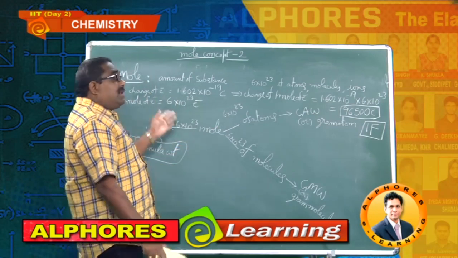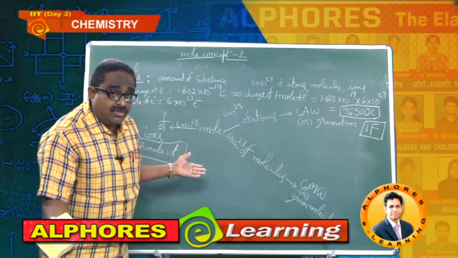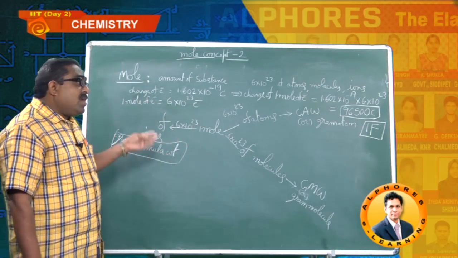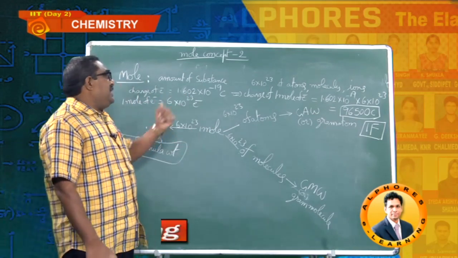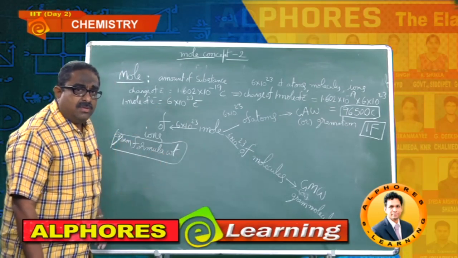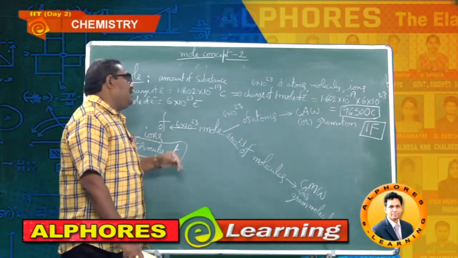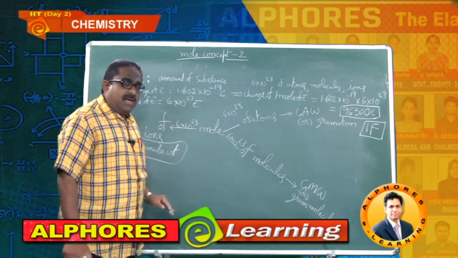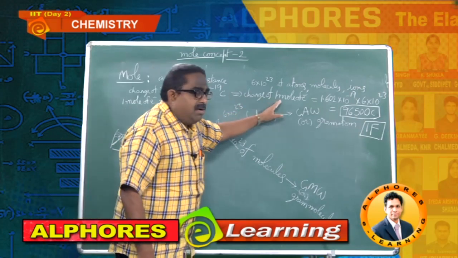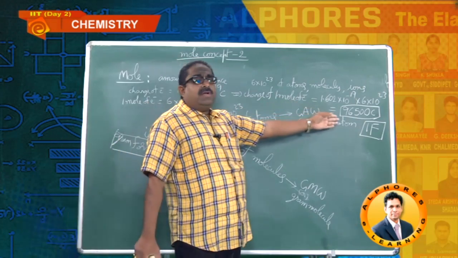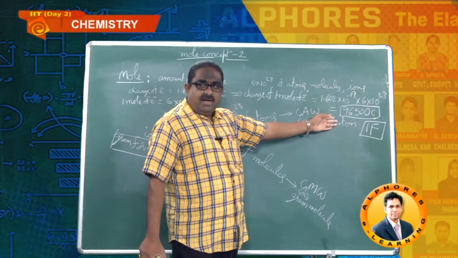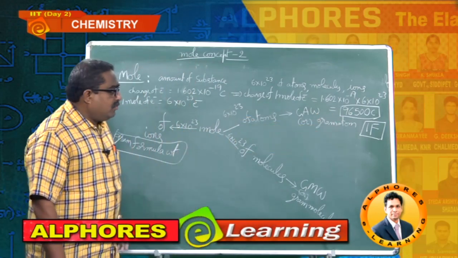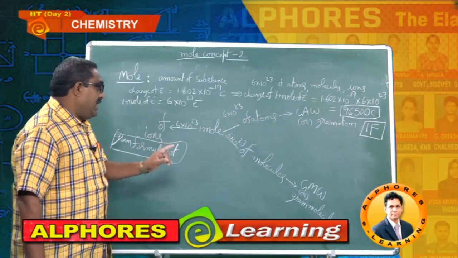Okay. What is the charge of 1 mole of electrons? If anybody asks you to calculate it, yes, you should be in a position to calculate. We know the charge of 1 electron is 1.602 into 10 power minus 19 coulombs. If anybody asks you to calculate the charge of 1 mole of electrons, simply you can say, sir, the charge of 1 electron we know, and multiply this with the Avogadro number. That is nothing but the charge of 1 mole of electrons. Simply you can also call it 96,500 coulombs, or simply 1 Faraday.